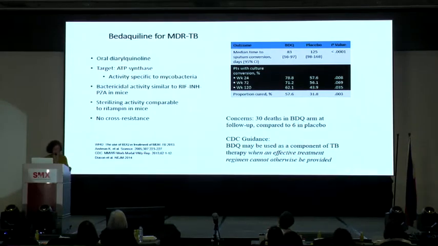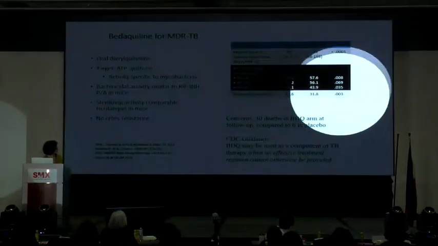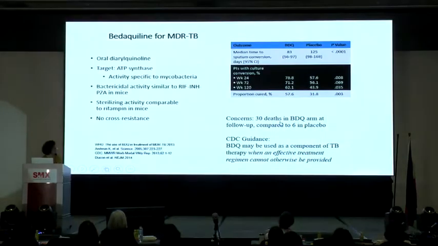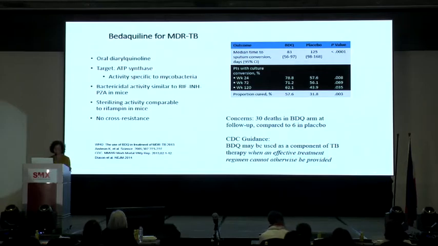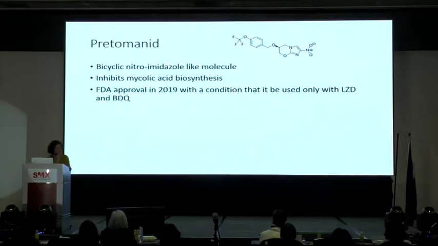But the concern here was death. There was a higher death rate amongst patients with BDQ, but this was not shown in subsequent cohort studies using bedaquiline, which I will show later. And this is the newest drug that was approved just this year, bretomanid.